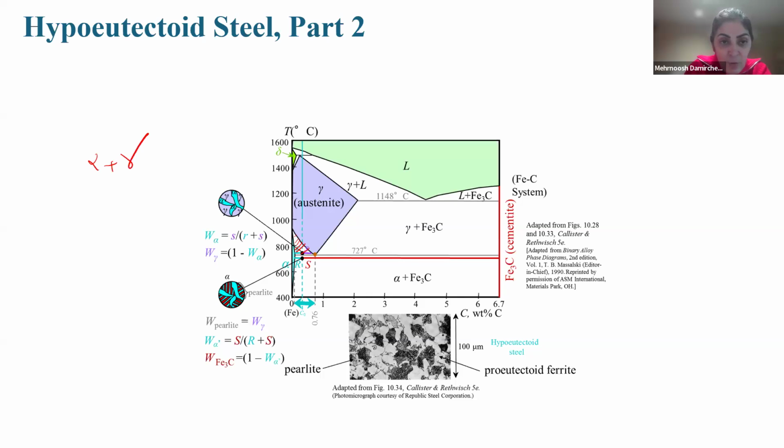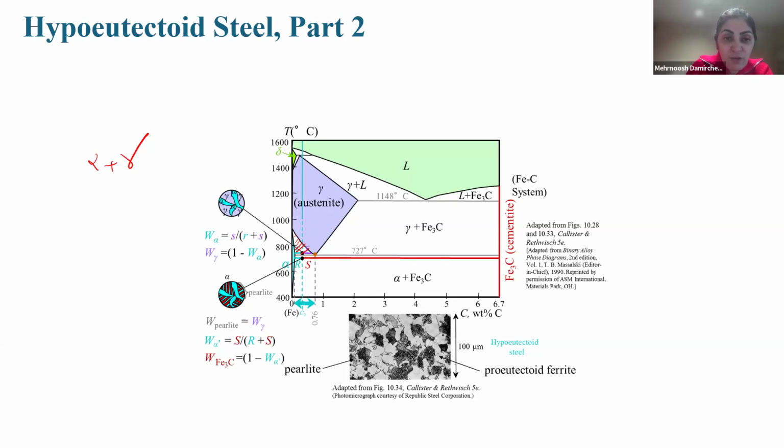And you see the gamma as the purple austenite, and you see the alpha that's the blue color. How do we find the weight fractions of each of them? Easy. From this point, we draw a tie line, intersect gamma and intersect alpha, and you need to see the name of that, for example, S and R, but lowercase.